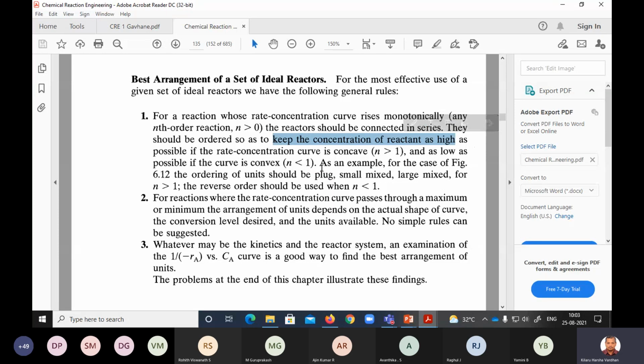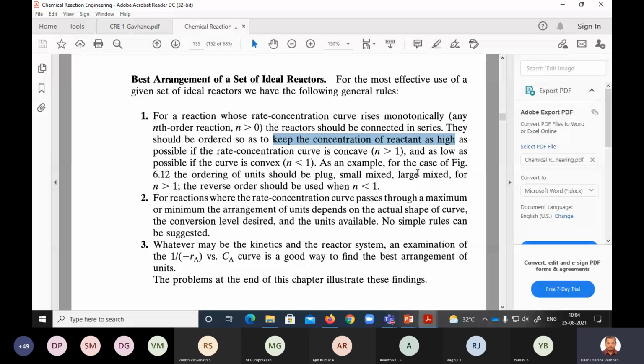Till now, I hold that answer, right? The concentration of the reactant is as high as possible or as low as possible. That is the answer for why the CSTR volume is much higher than the PFR, or PFR volume is much less than CSTR.